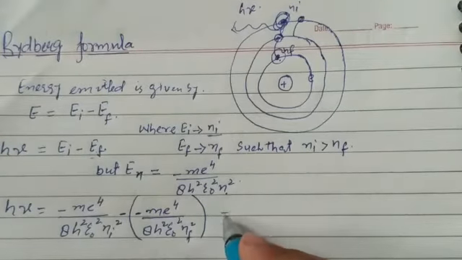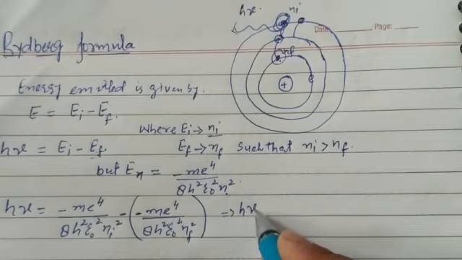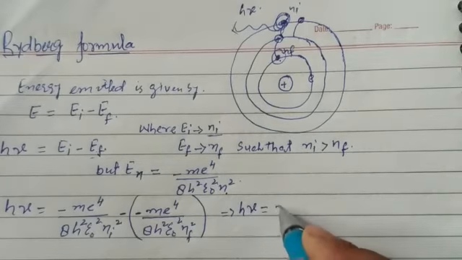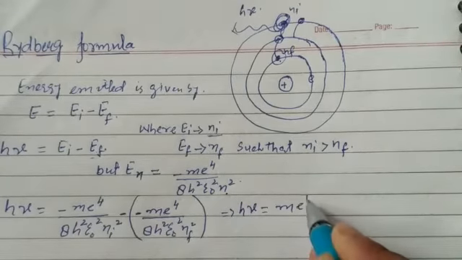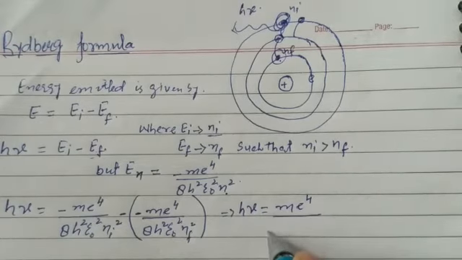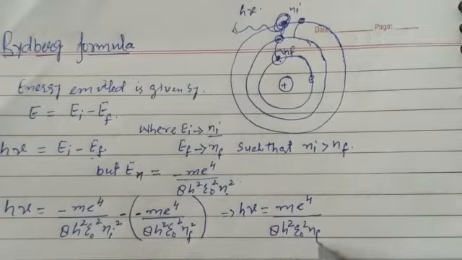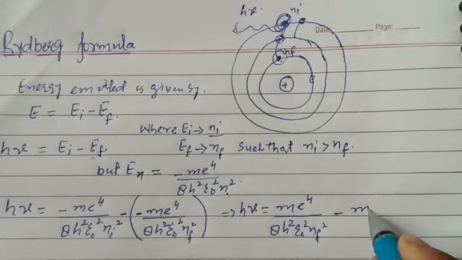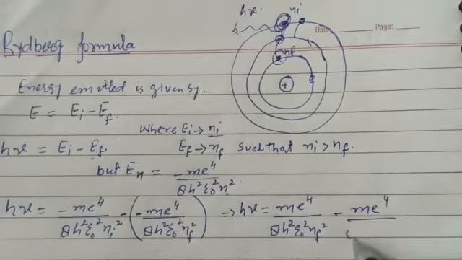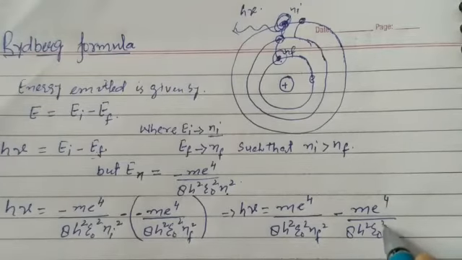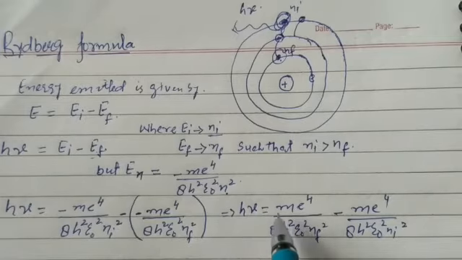Which implies h nu equals to m e to the power 4 over 8 h square epsilon naught square nf square minus m e to the power 4 over 8 h square epsilon naught square ni square. Those are common, so let's take them common.